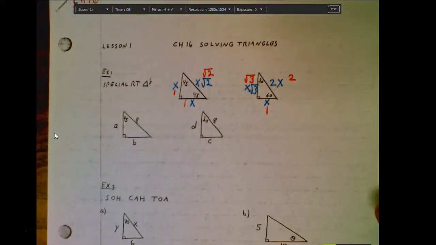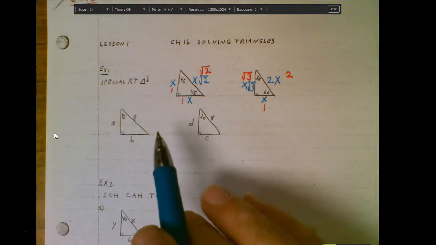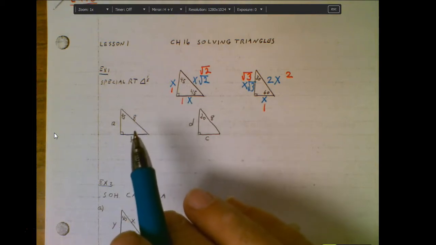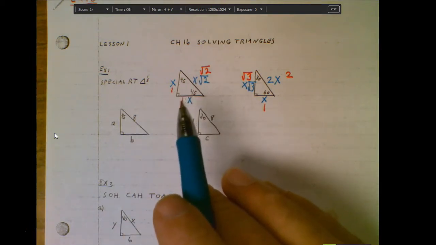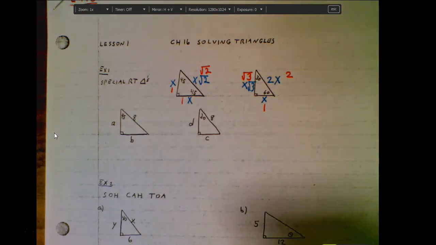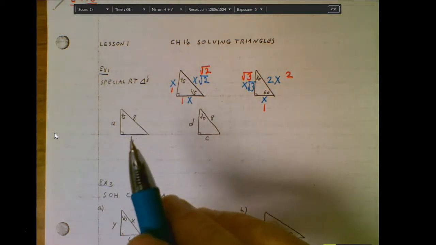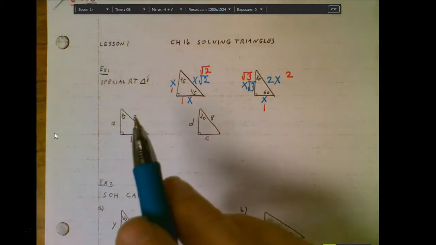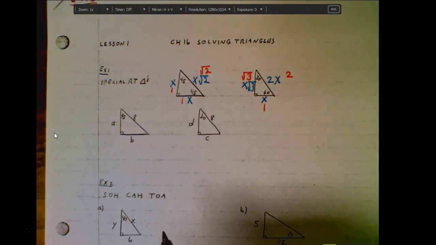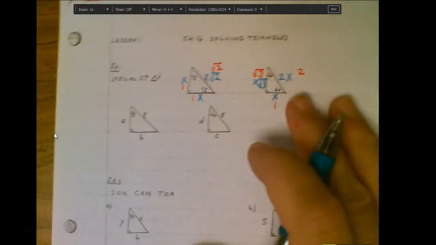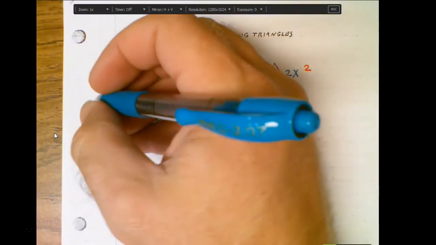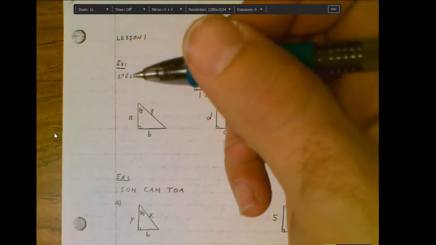All right, so let's do a couple of quick examples. In a 45-45-90, based on what we talked about right here, if I know that the hypotenuse is 8 and I want to figure out either leg, then I just need to take my hypotenuse and divide it by the square root of 2, and that's going to give me one of my legs. We know that the legs are equal, so once I find one, I know the other.